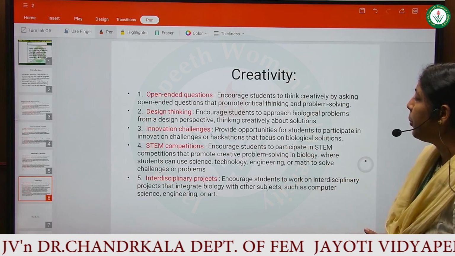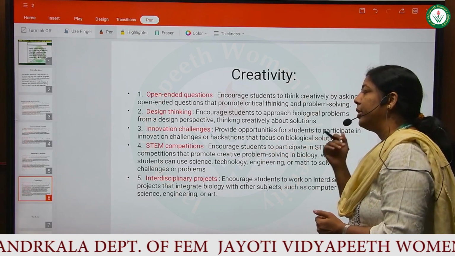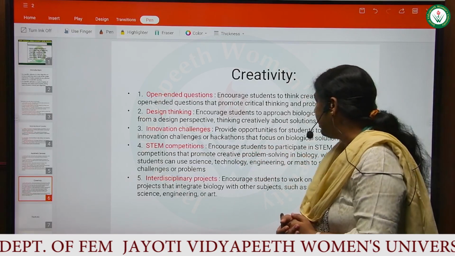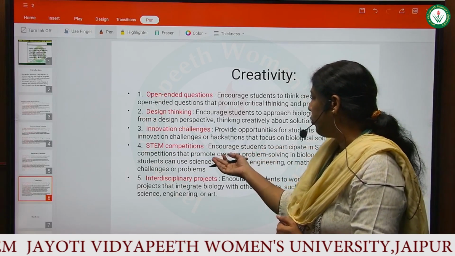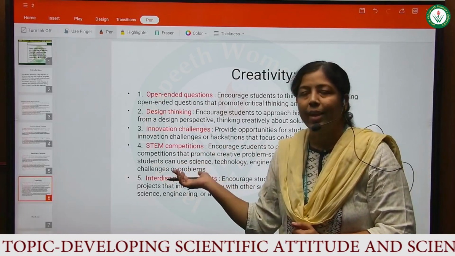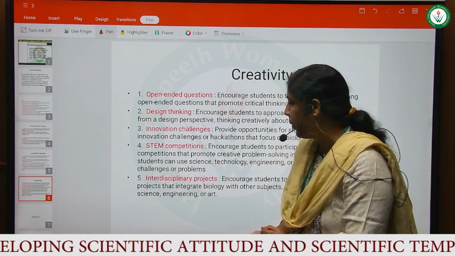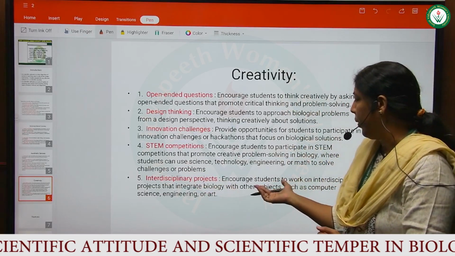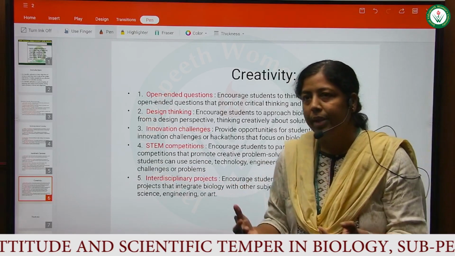Then there are STEM competitions, where students can be encouraged to participate, providing creative problem solving in biology, in which they can go for science, technology, engineering, mathematics, solving the different challenges and problems associated with nature. Interdisciplinary projects can be done by the students, where they integrate biology with different subjects.